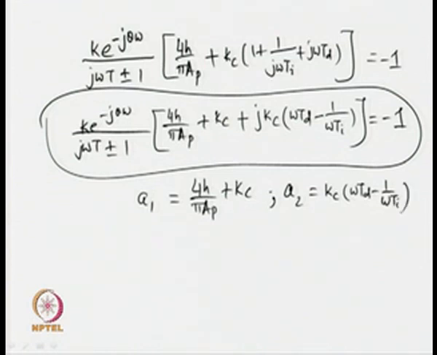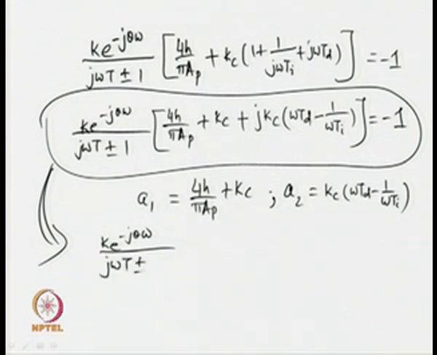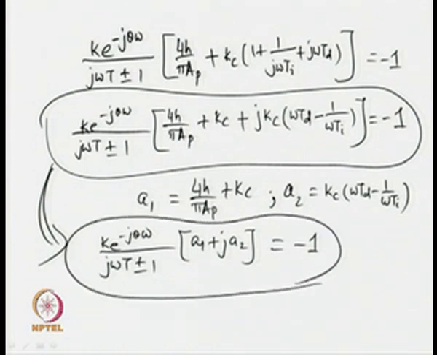Why I am doing so? So that I will get finally this expression in the form of K e to the power minus jθω divided by (jωT plus minus 1), times (A1 plus jA2), is equal to minus 1. So, this expression becomes a simpler one when the two constants are considered in this form.